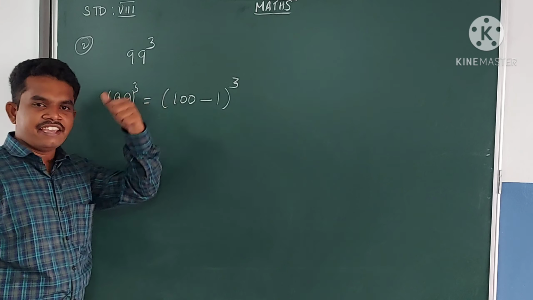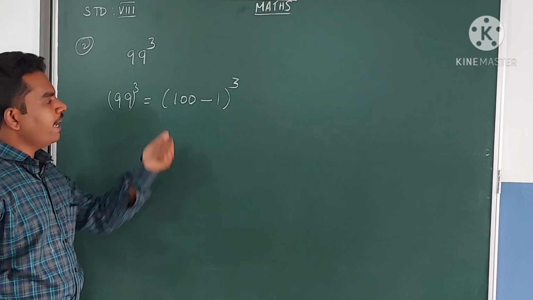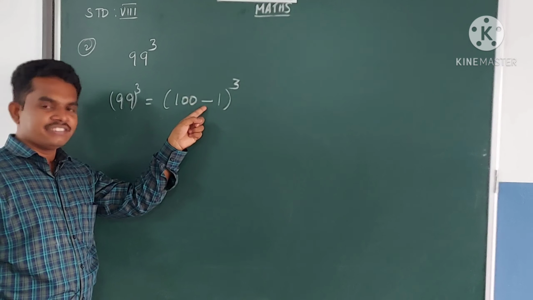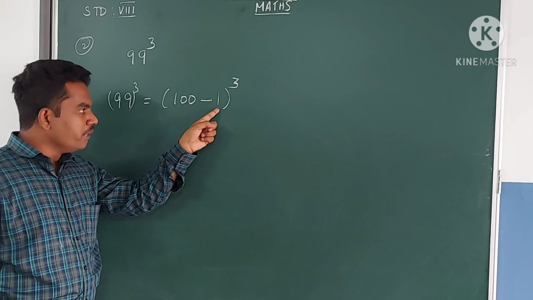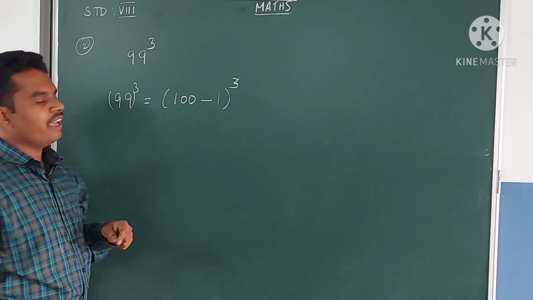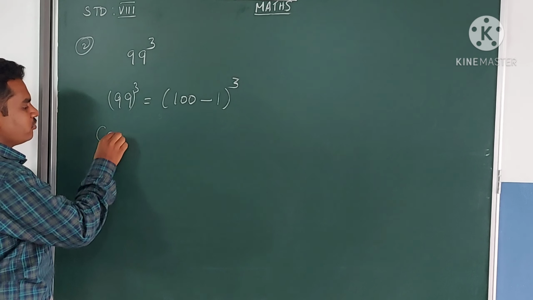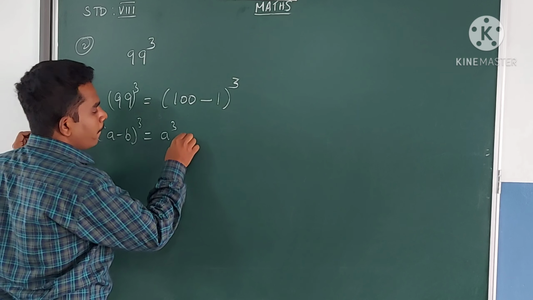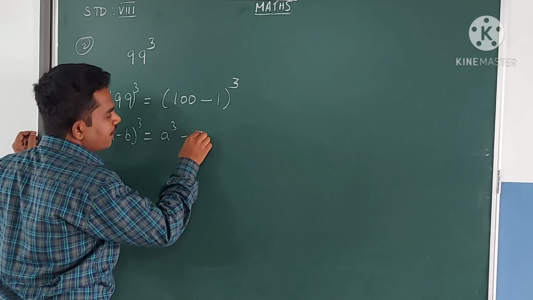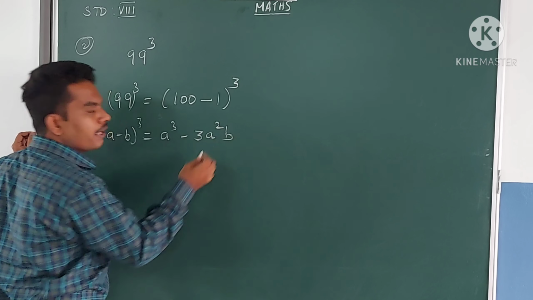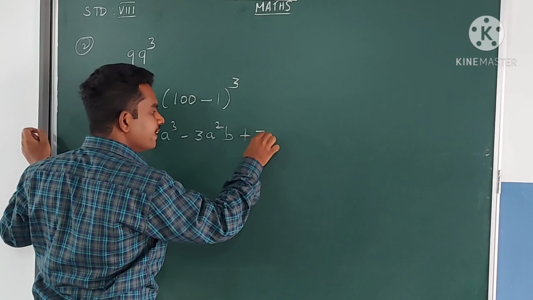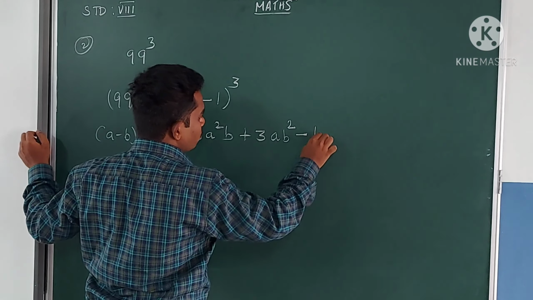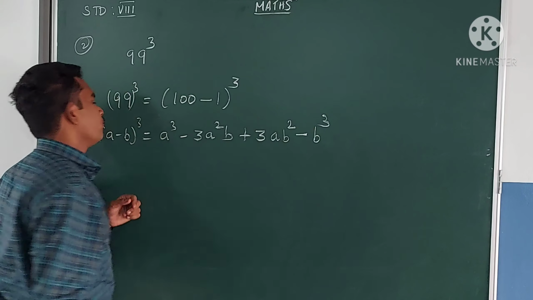So it looks like the second identity, (a minus b) the whole cube. Here minus is there, so minus b whole cube. Okay, so you write the identity (a minus b) the whole cube equal to a cube minus 3a square b plus 3ab square minus b cube.